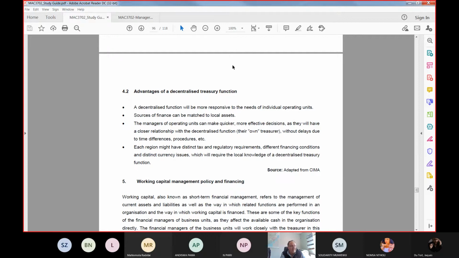Each region might have a different or distinctive tax regulation requirement, different financing conditions, and distinctive currency issues, which will require local knowledge and decentralization of treasury functions. South Africa, for example, has a distinctive, separate, different tax system from the UK.